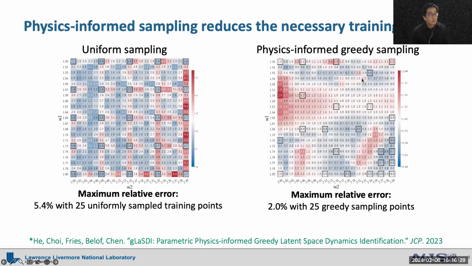While if you incorporate the physics into the sampling, then even though you use the same number of training data, you achieve a 2% relative error instead of 5.4%, which is a factor of 2 better performance in terms of accuracy.